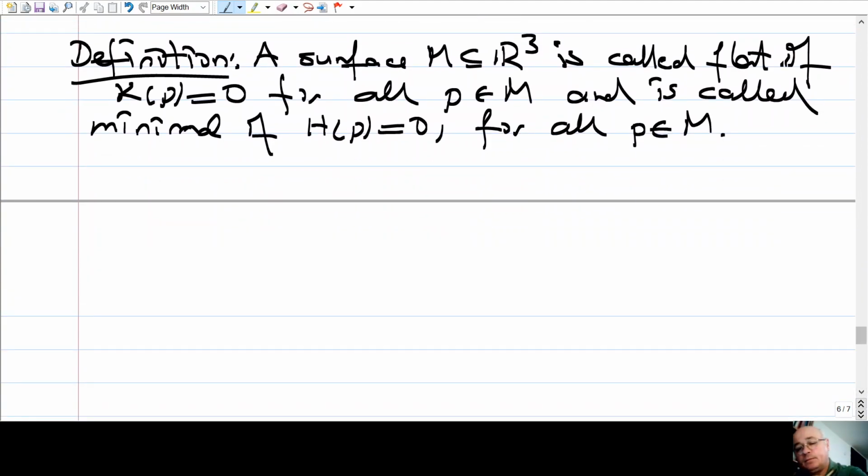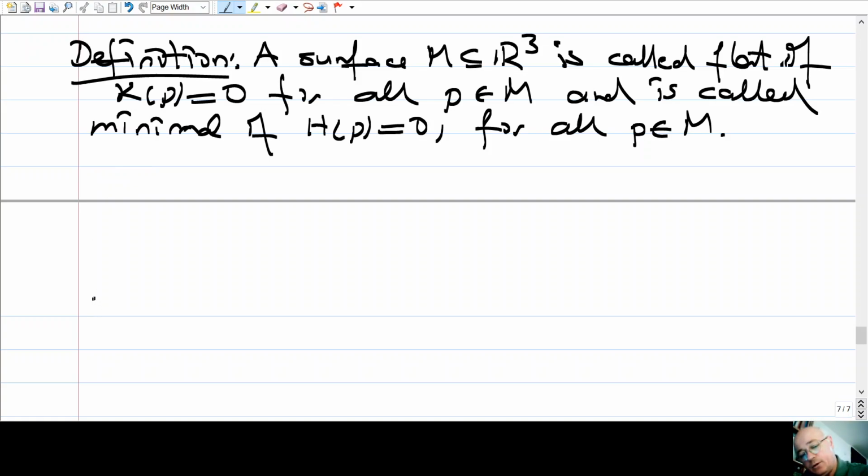Okay, so for example, any cylinder is flat, right? Because for a cylinder, one of the principal curvatures is 0.